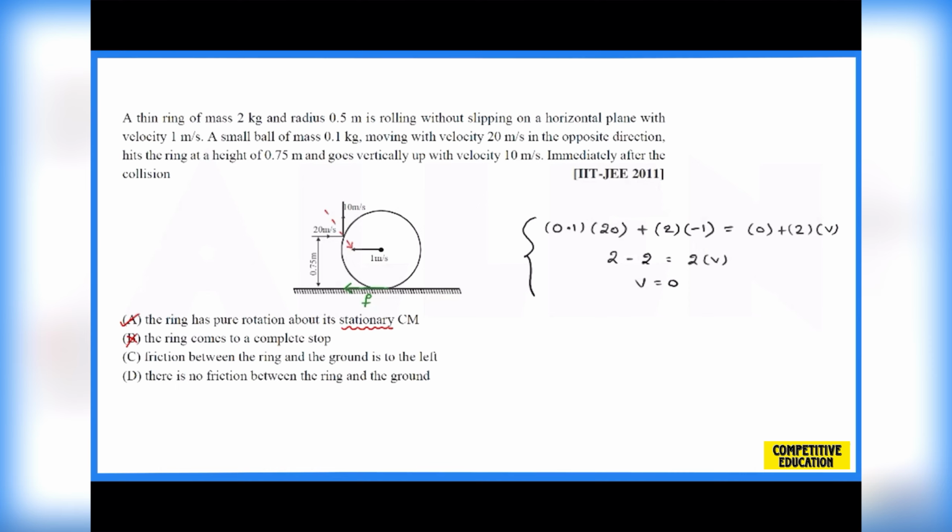As I have seen, this ring has a tendency to slip towards right, so friction is towards left. So C option is correct. And D says there is no friction between the ring and the ground. As I can see, there is friction, so option D will also be wrong. So my answer to this problem will be A, C, or you can say just C.